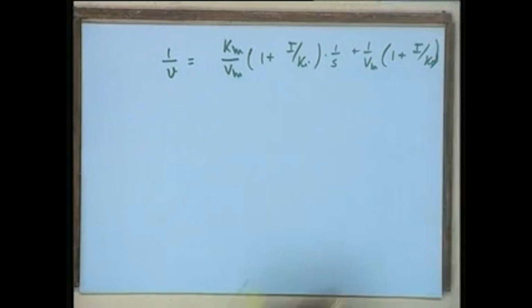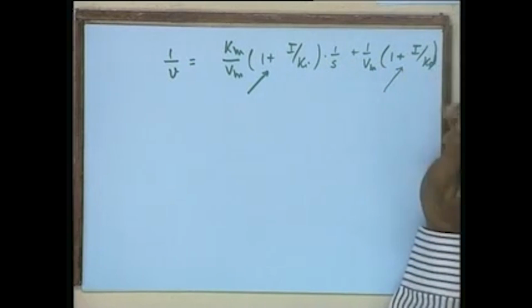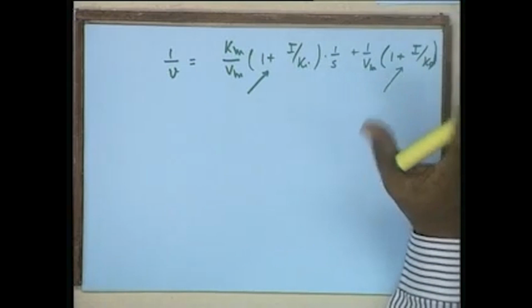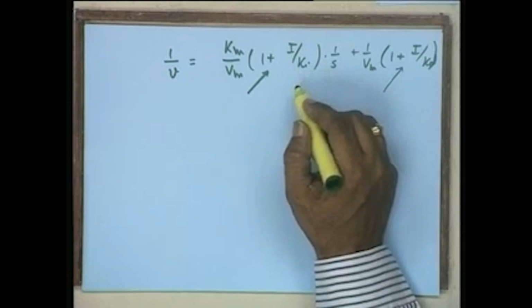Now, it clearly indicates that in the case of a non-competitive inhibitor, both the slope as well as the intercept will undergo a change, and both are increased by a magnitude 1 plus I over Ki.